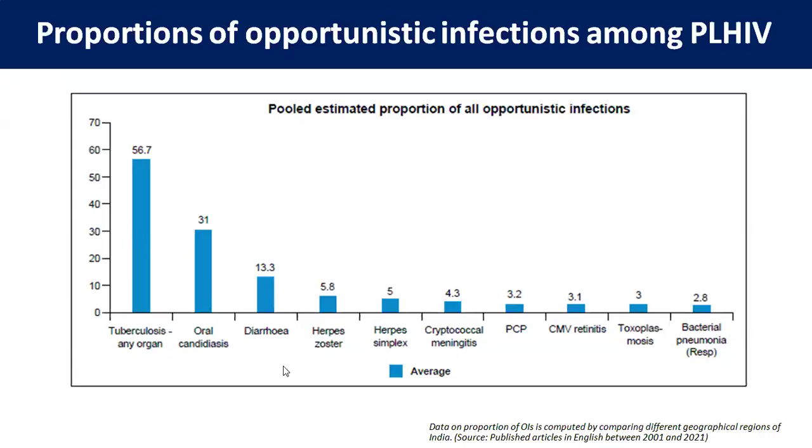Primarily, tuberculosis is very rampant, standing at 56.7%. Now we're talking about cryptococcal meningitis, PCP pneumonia, and majority of them are little undiagnosed also. So emphasis is laid on early diagnosis and managing the CNS manifestations.